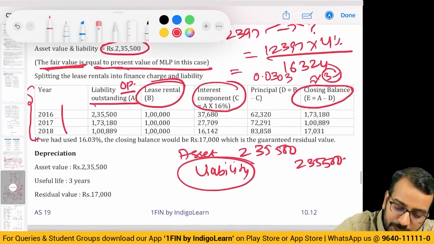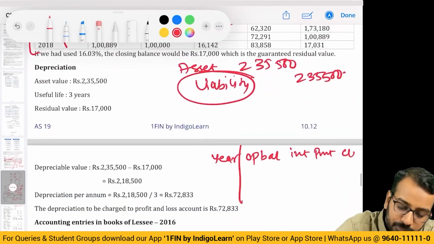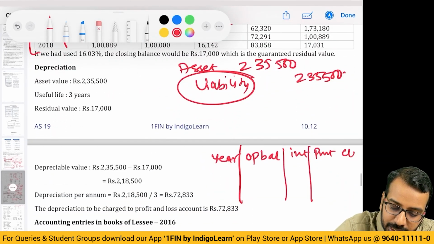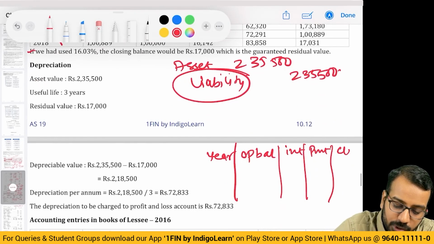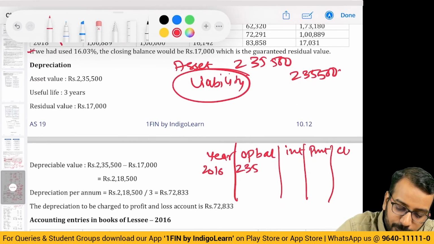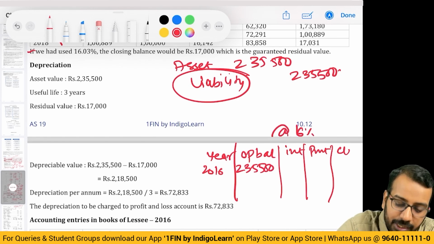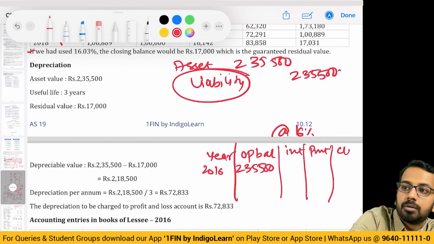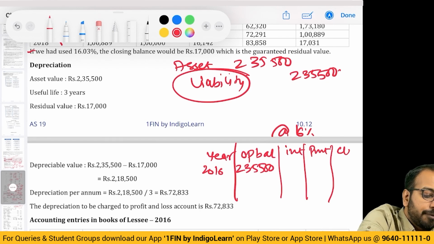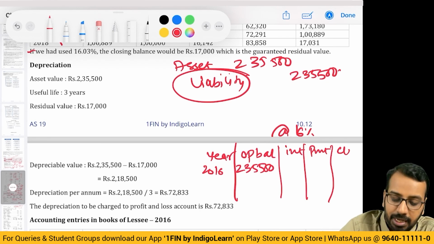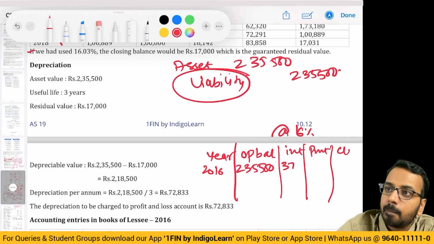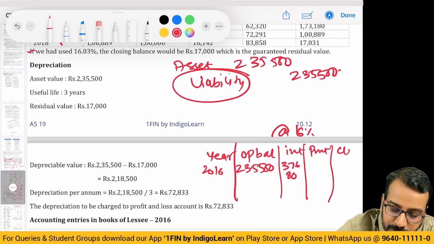Year, opening balance, interest, payment, closing balance. So year 2016, opening balance is 2,35,500. Interest at 16%. So 235,500 into 16%, we get 37,680.